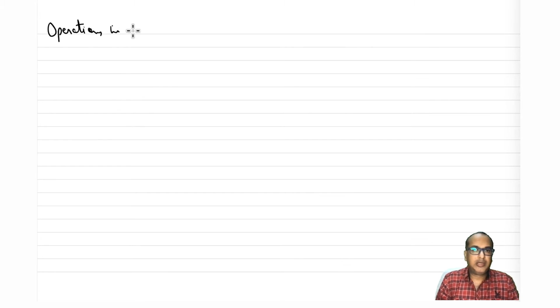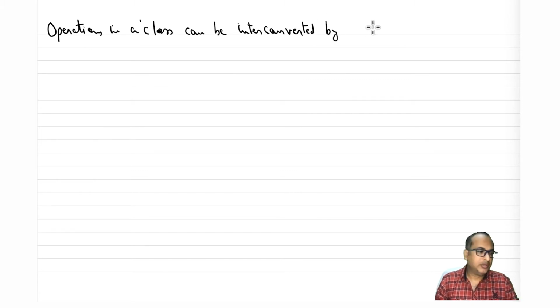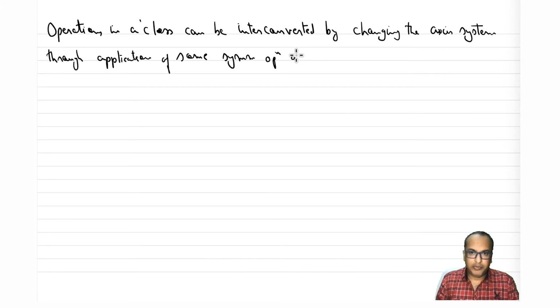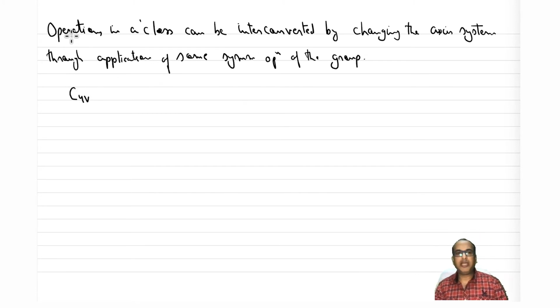Operations in a class can be interconverted by changing the axis system through application of some symmetry operation of the group. We will see an example of this. So let us consider the C4V point group. So what I'm saying is operations in a class can be interconverted by changing the axis system through application of some symmetry operation of the group.